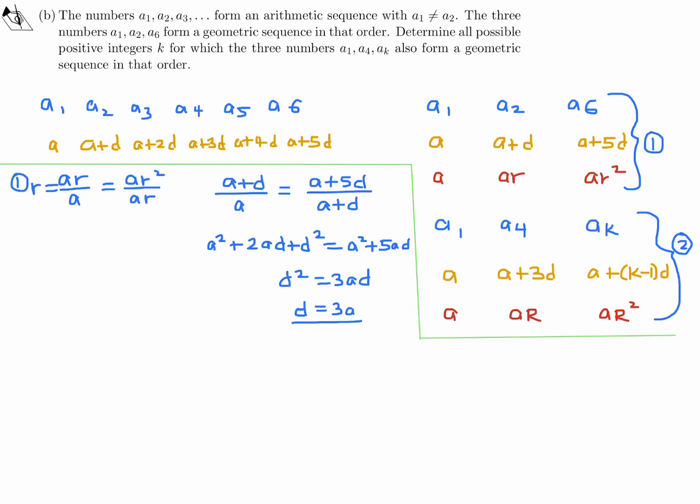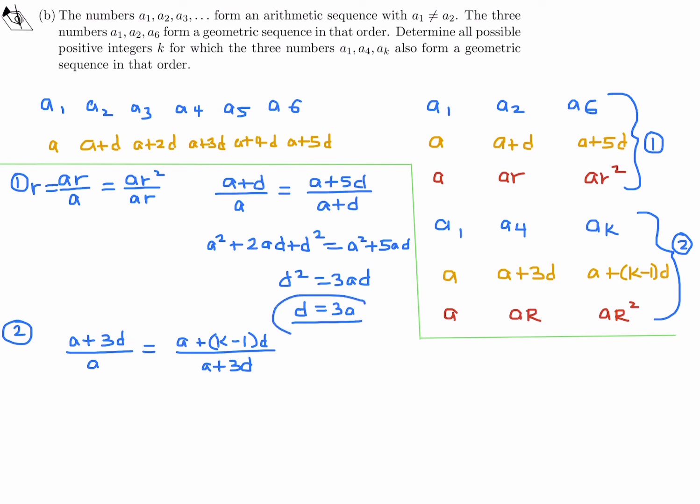Okay, I think we're ready for analysis of the second group. Same story: we use the same aspect of geometric sequences, the second one divided by the first one equals the third one divided by the second one. So a plus 3d divided by a is equal to a plus (k minus 1)d divided by a plus 3d.